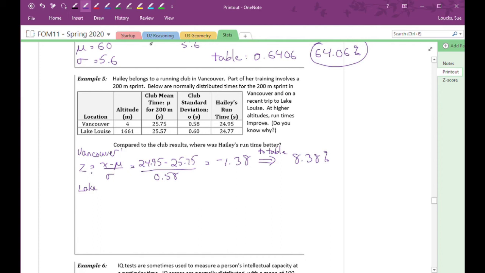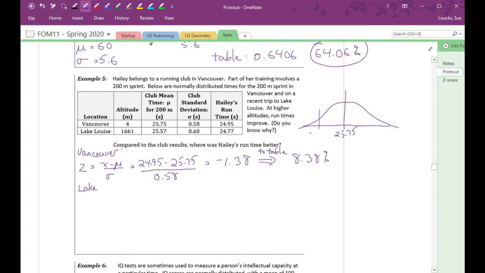Nope, wait, I got to get this right. Her run time, I have to draw the picture. I'm sorry, I have to do this because I have to make sure I get this right, and I want you to know how to figure it out. So the mean was 25.75, and her run time was less than that.